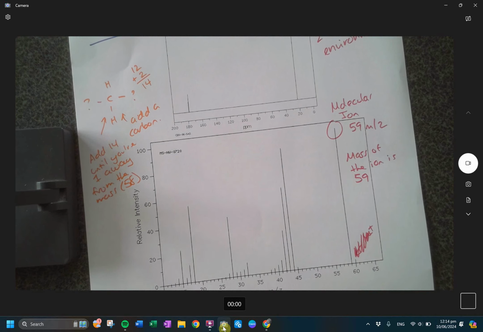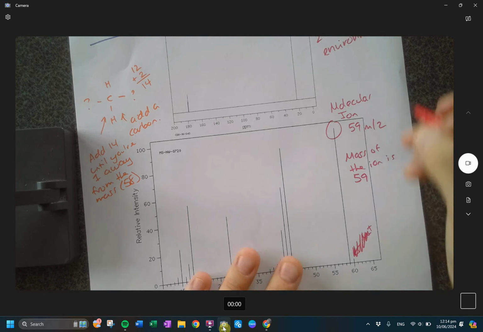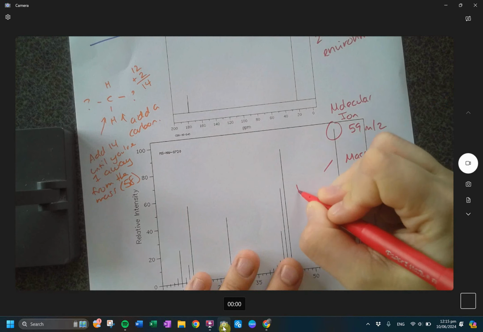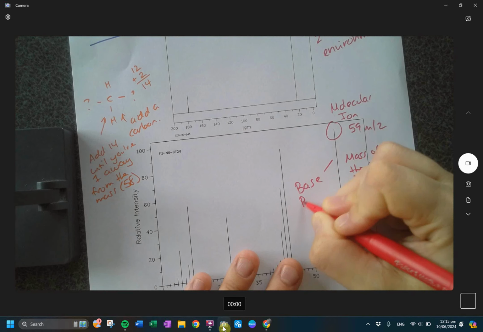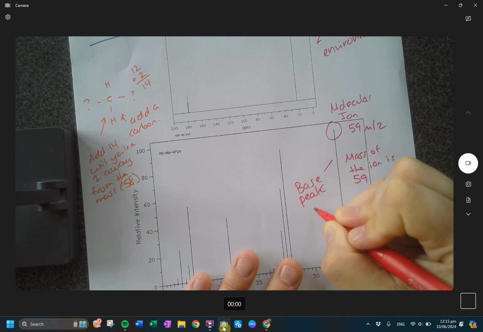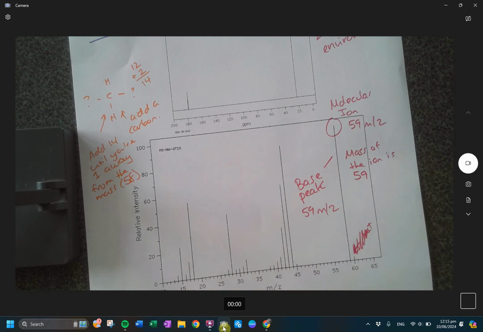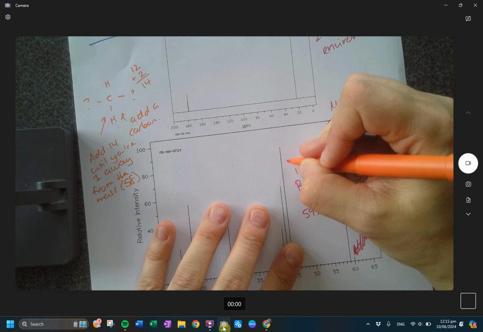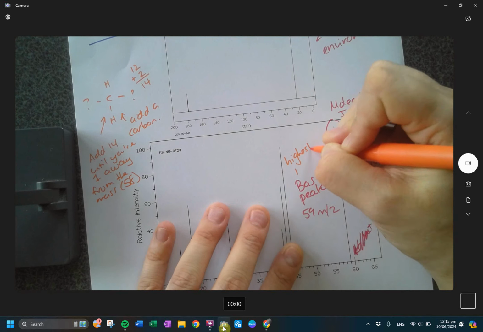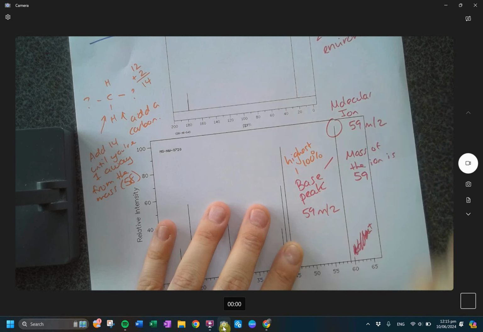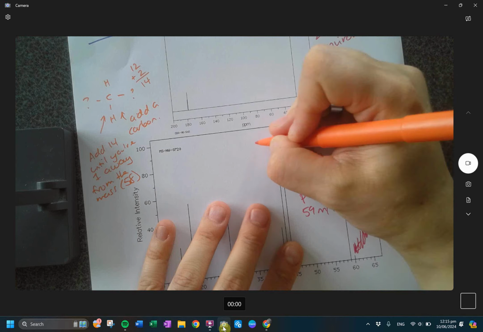Last thing I need you to do is identify the molecular ion or the base peak. So the molecular ion, this one's actually also the base peak, which is also at 59, which makes sense considering how small it is as a molecule. Just so you're aware, the base peak is the highest one. Basically, it's my reference for what is 100%. This is my most common fragment.